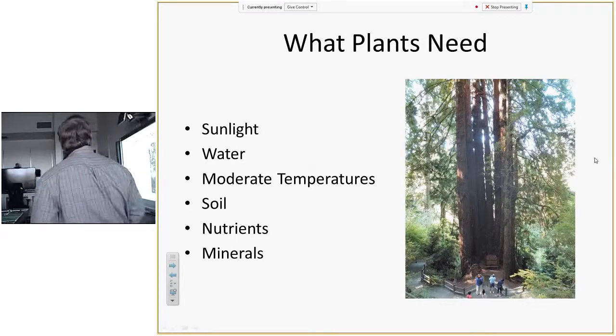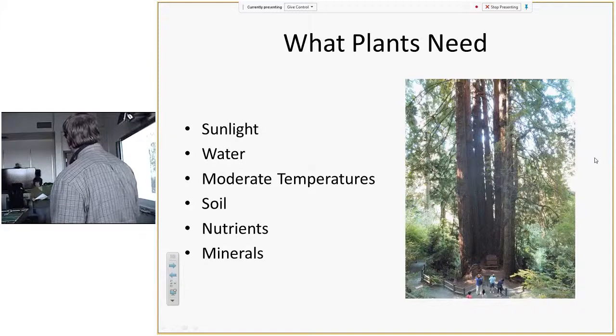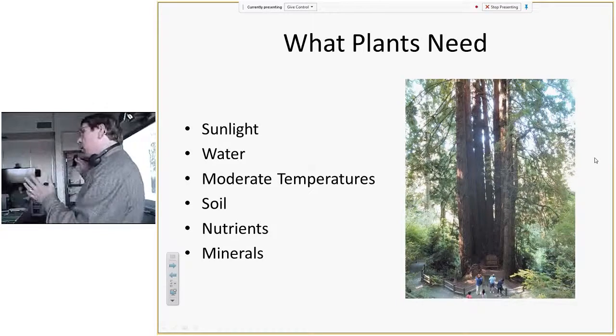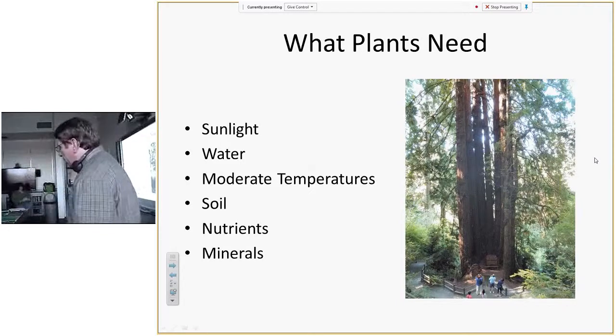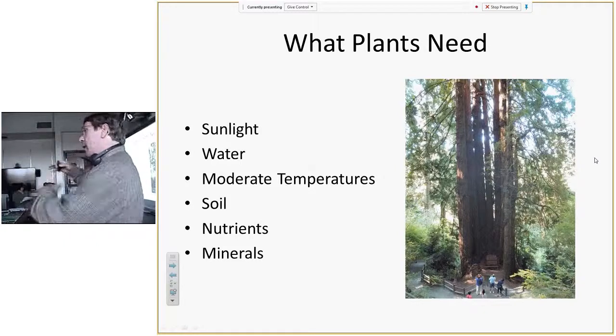Okay, so these are big categories of what plants need, but obviously light and water and good soil and nutrients. But I want to break it down a little farther, like where we are in the world. So the length of the growing season is a matter of where we are latitude-wise.